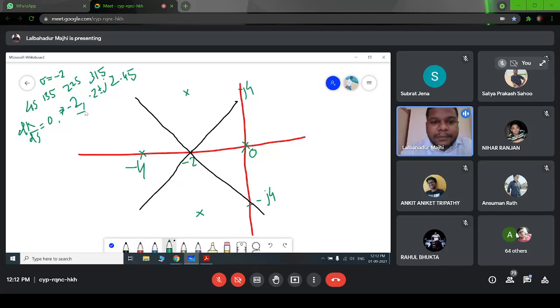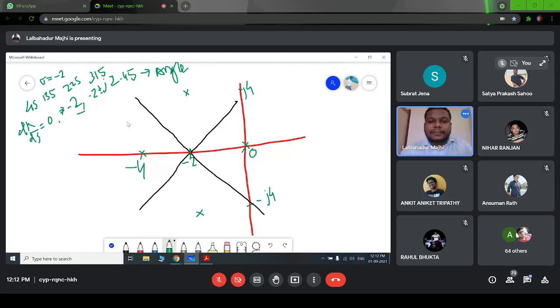So minus 2 will be a breakaway point. Clear? Similarly, we have to check minus 2 plus minus j2.45. By using the angle condition you can check whether it will be a breakaway point or not. But in this case it will be a breakaway point. To make sure, we have to use the angle condition.